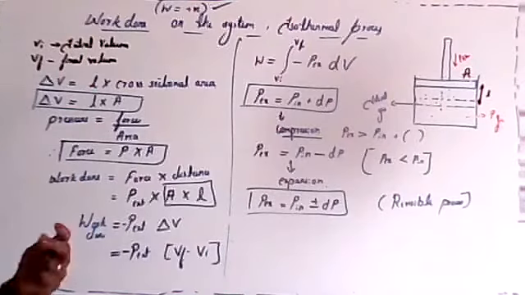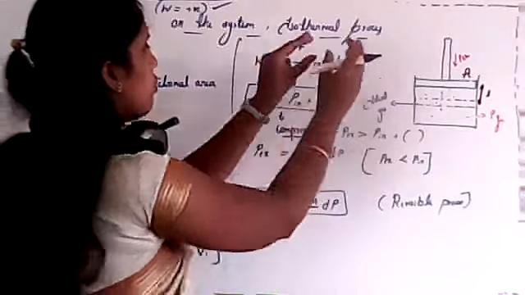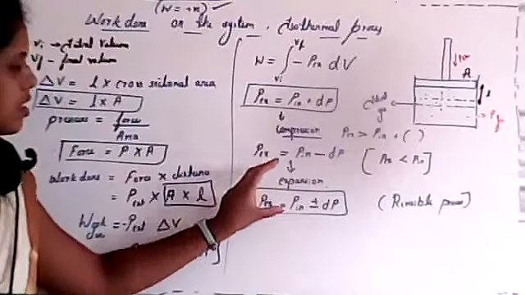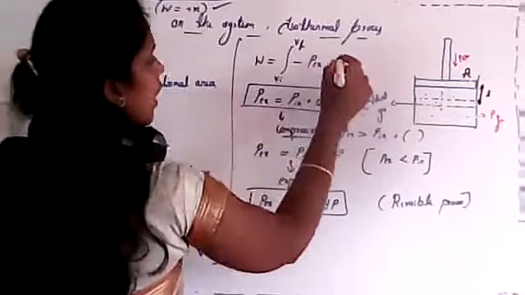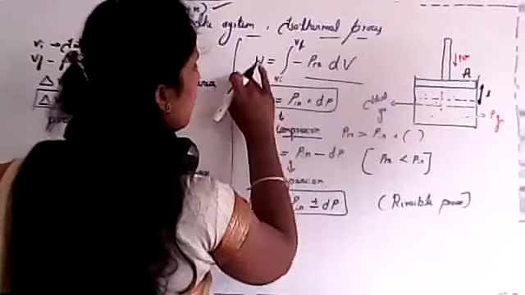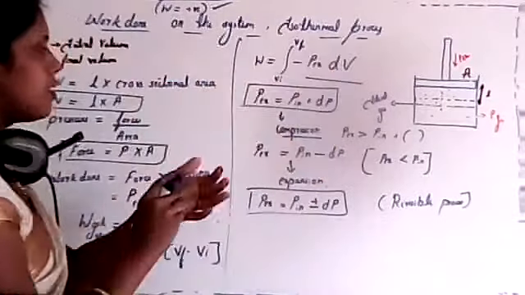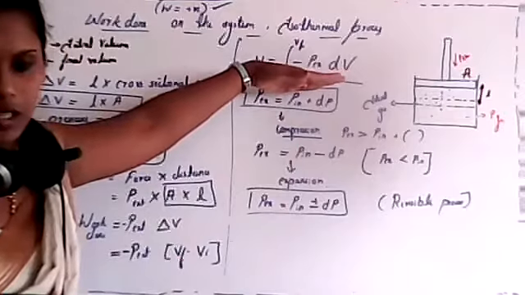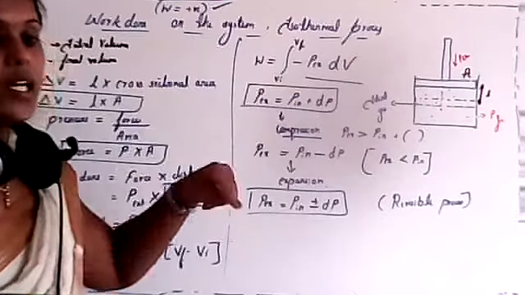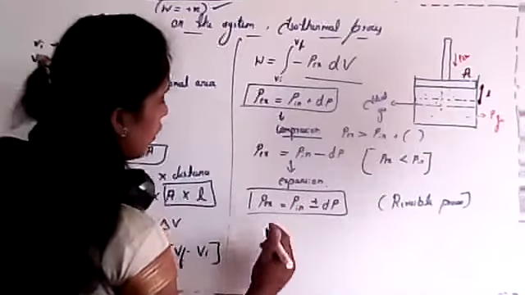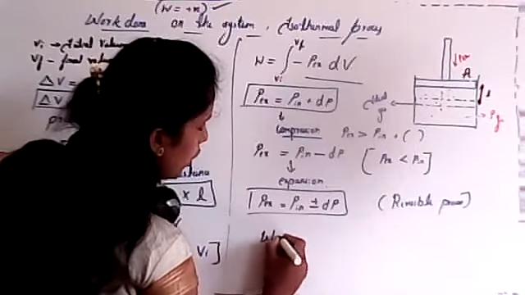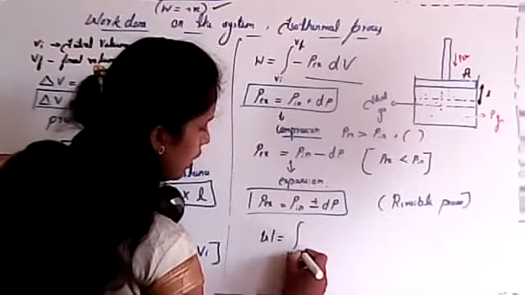Clear, student? So now I'll just substitute this value here. This is for the irreversible case; this is your final equation. But if the system undergoes a reversible process, it will change. See, now W equals the integral from V initial to V final.